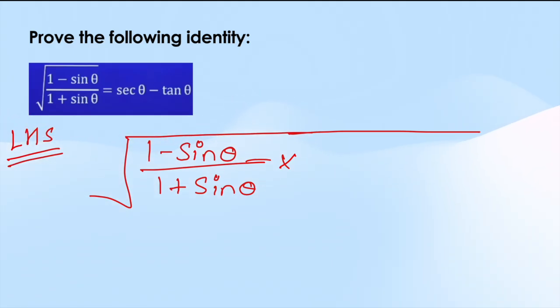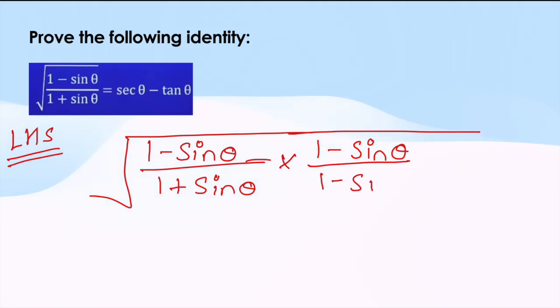What do I mean? 1 plus sine theta is written, so I multiply the numerator with 1 minus sine theta. Just change the sign in between. That is rationalization. Okay? And in the denominator as well, multiply the same thing. Clear? If 1 minus sine theta was there in the denominator, you have to multiply by 1 plus sine theta.